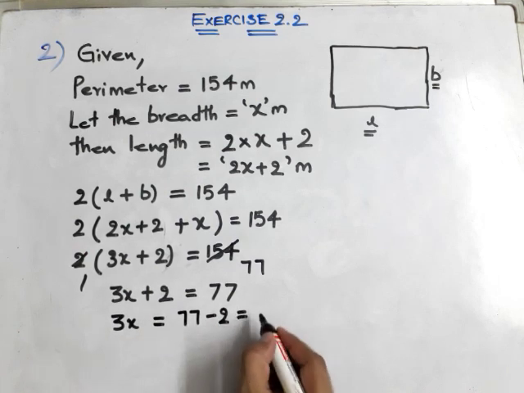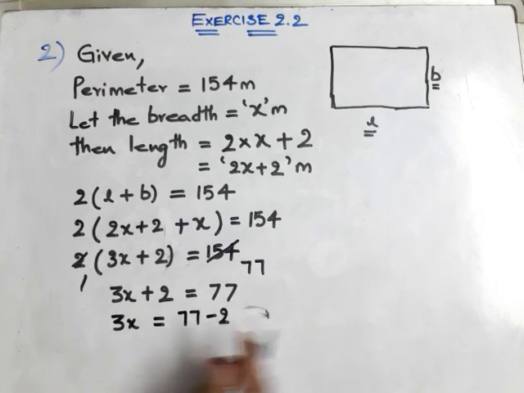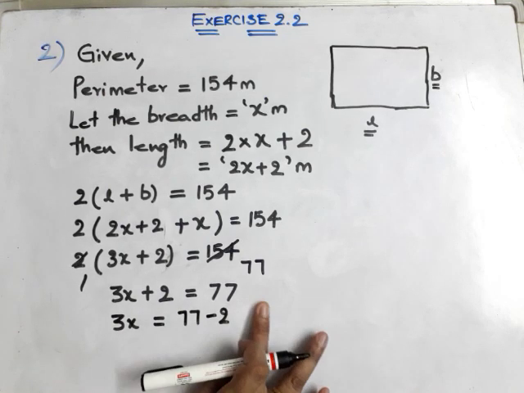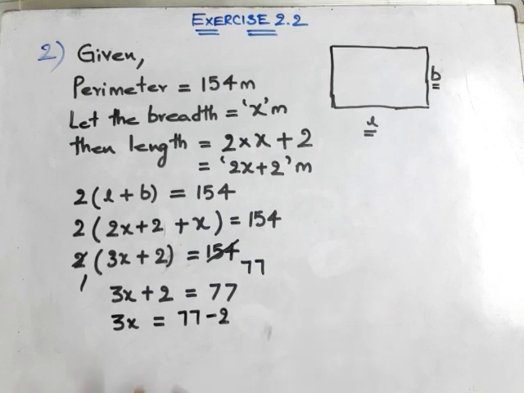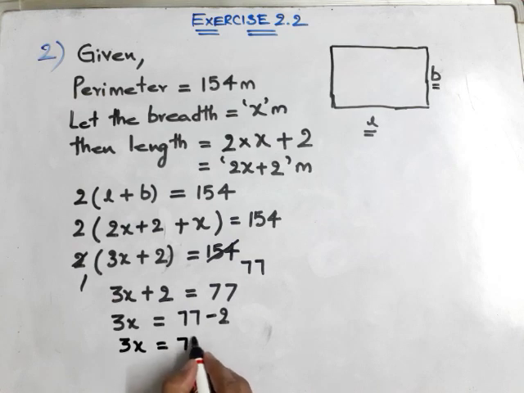So the value of 3x is going to be 75. Then what will be the value of x? x is equal to 75 by 3, 3 twenty-fives are 75. So now we have the value of x as 25.